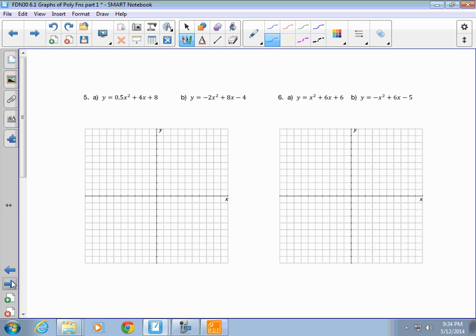Okay, number 5, y is equal to negative 0.5x squared plus 4x plus 8. So if you put these in your calculator, and that's what I would suggest doing right now. I don't have the emulator on this computer, so I can't put it on there. So I'm just going to draw it for you. So my vertex is at 4, 0. Is that 4?